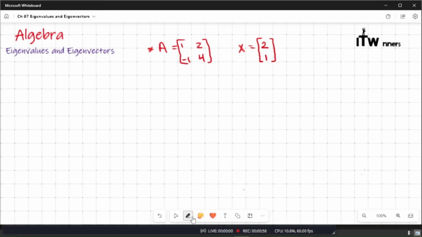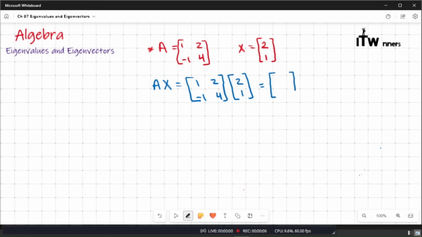So we have A x will be equal to 1, 2, negative 1, 4 times the vector 2, 1.